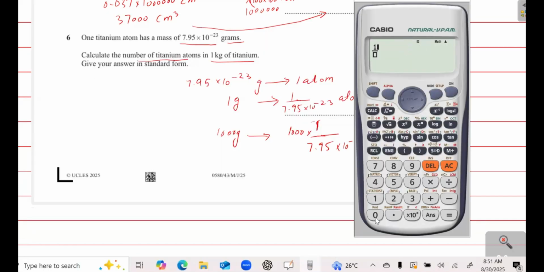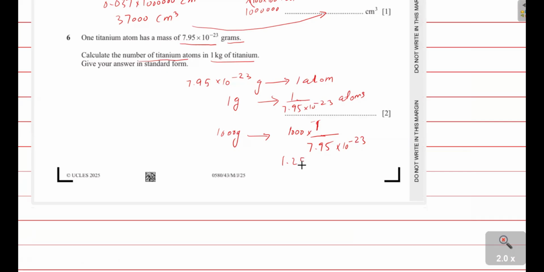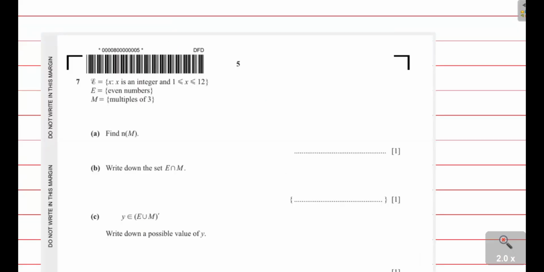Look here, 1000 divided by 7.95 into 10 power minus 23, and this will be equal to 1.257 into 10 power 25. To 3 SF, it would be 1.26 into 10 power 25 atoms. This is the answer.